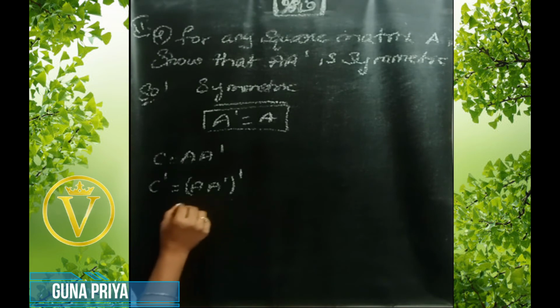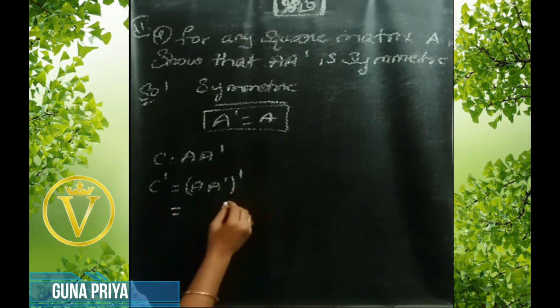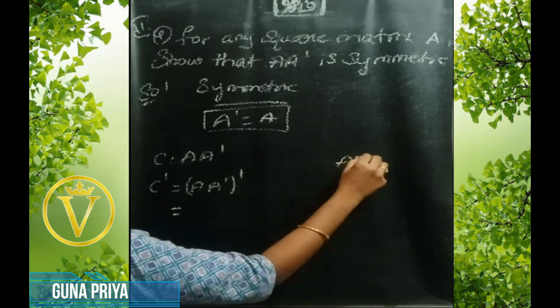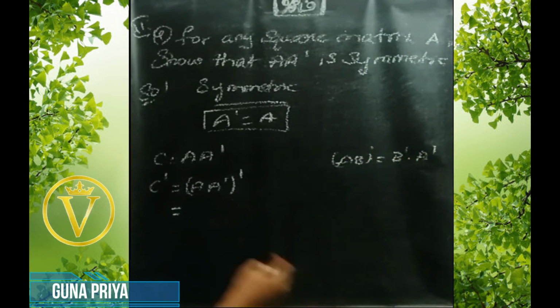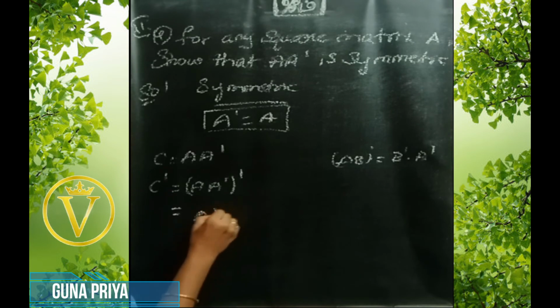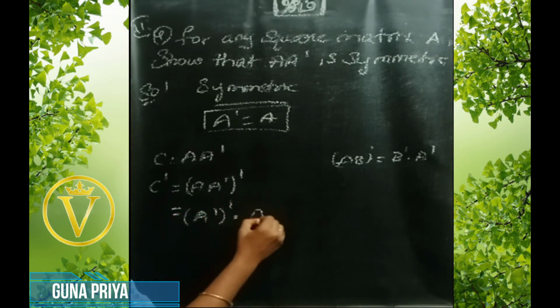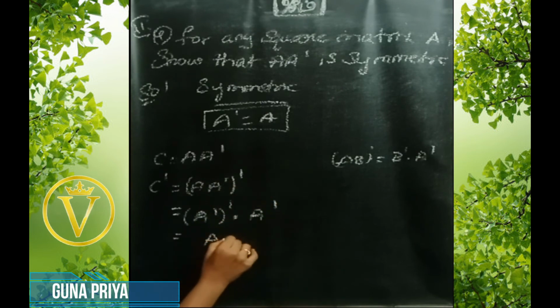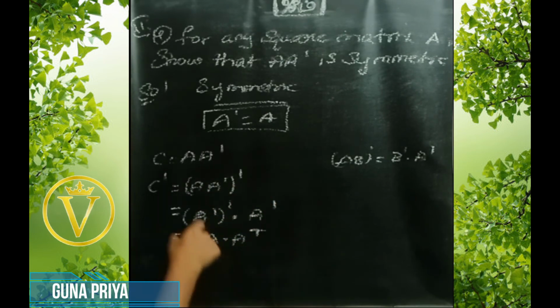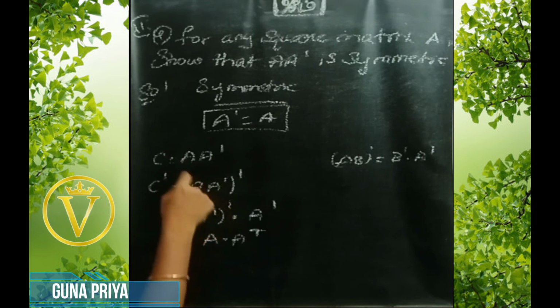What we know: this AA transpose whole transpose. That means AB whole transpose equals B transpose into A transpose. Here B is A transpose, so A transpose into A transpose. A transpose whole transpose is A into A transpose. By doing transpose only, that means whatever.